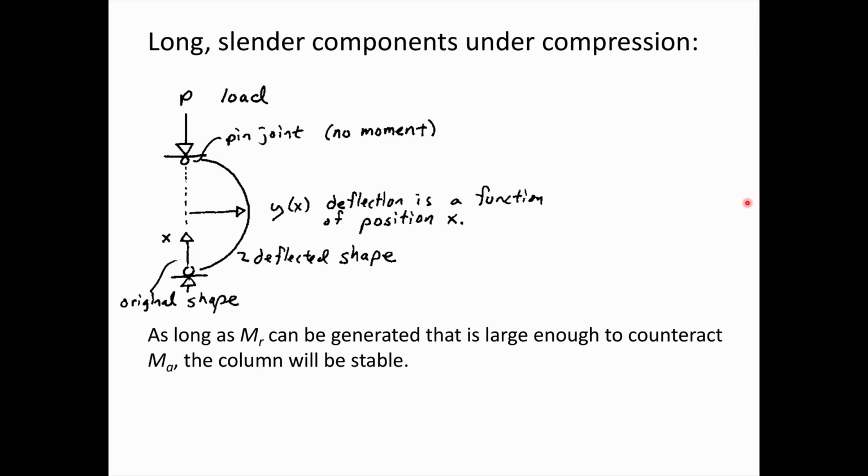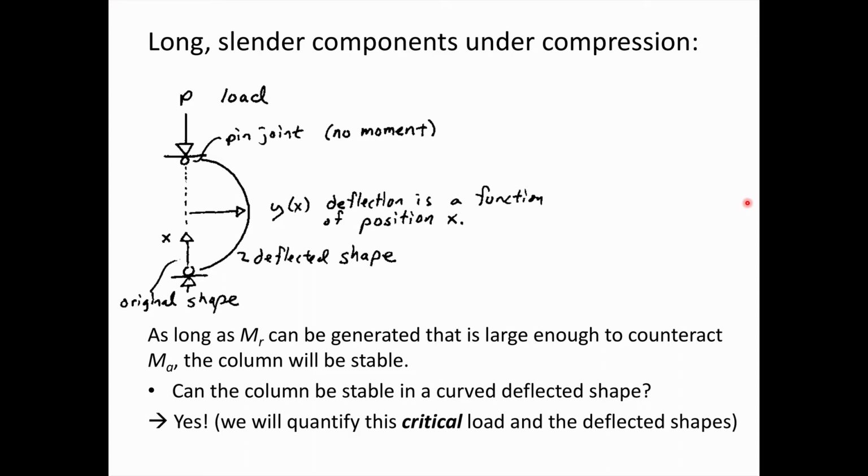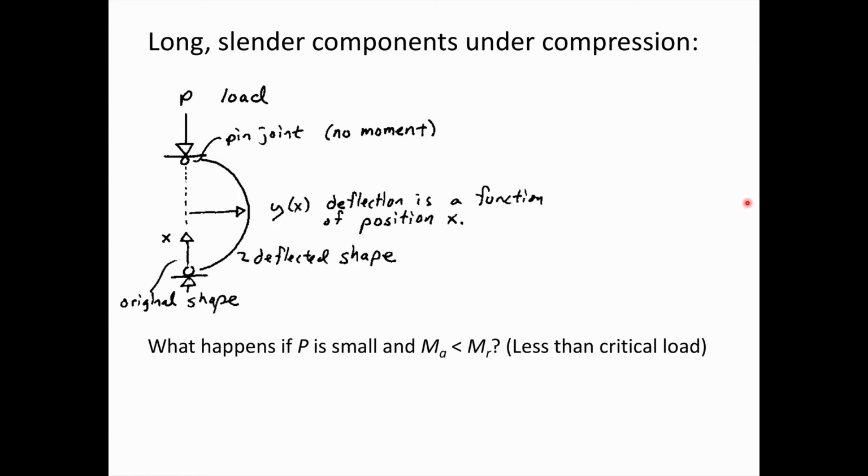So if we have a look, though, at the nature behind the applied moment and what is going on behind the restoring moment, we can look out for, well, under what conditions might the applied moment dominate the restoring moment, and ask this question, can the column be stable in a curved deflected shape? So the answer is yes, and we want to quantify what's called the critical load that will allow us to be stable in a curved deflected shape, and also what is the deflected shape.